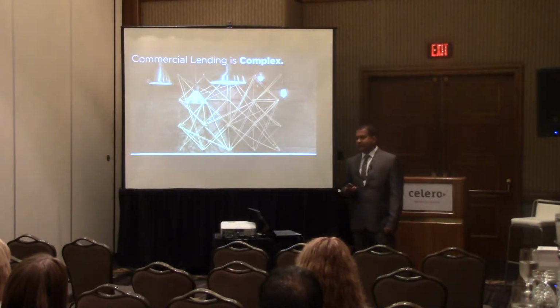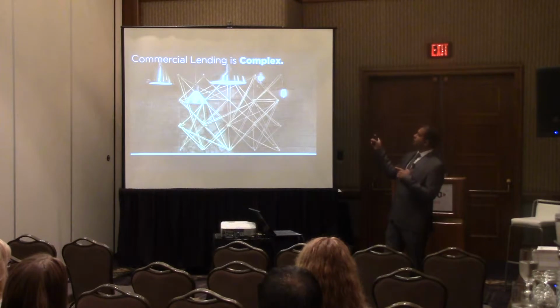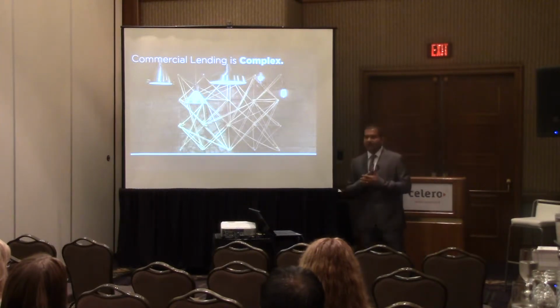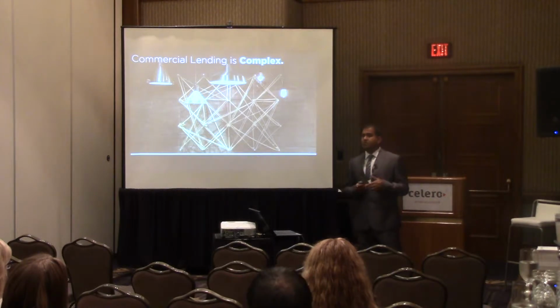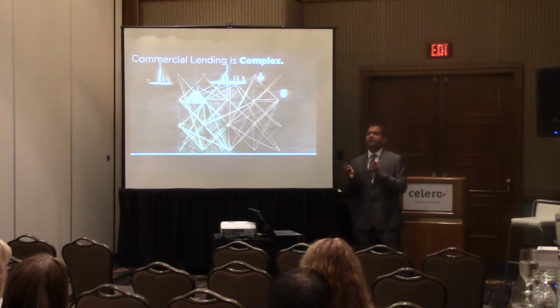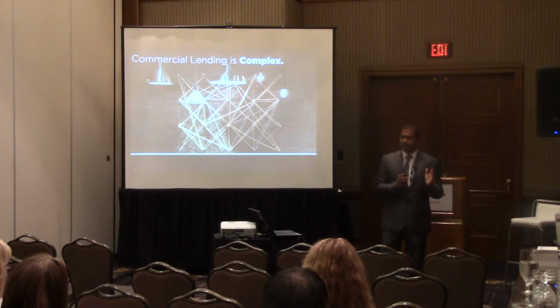That complexity is not making just one process complex. Any of the processes in credit unions, maybe commercial lending, consumer lending, or online account opening, faces some kind of challenge.